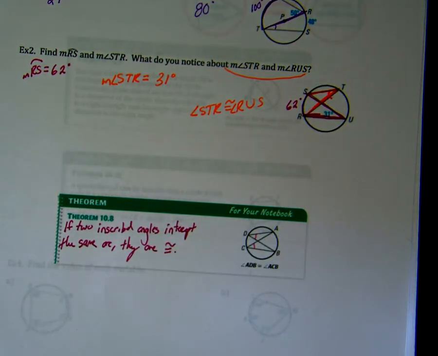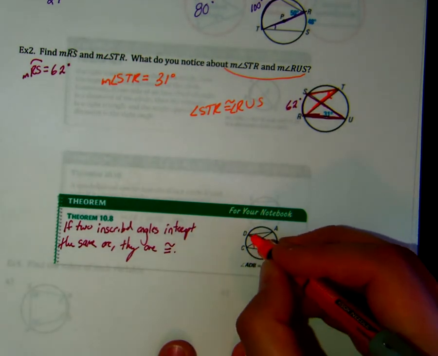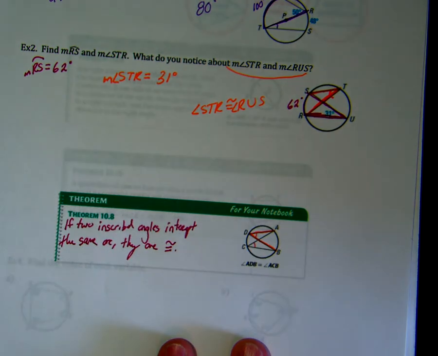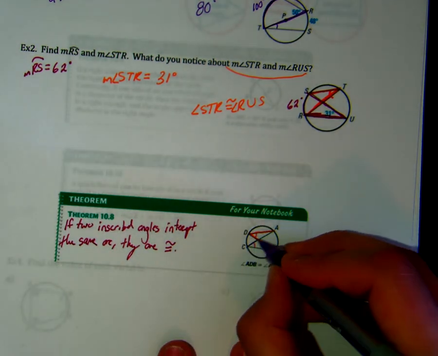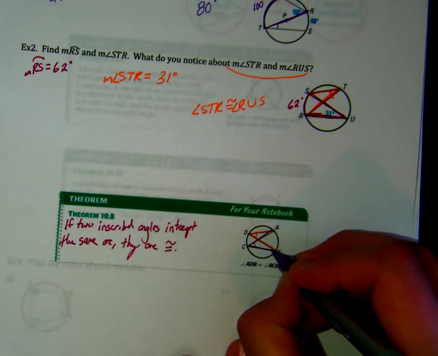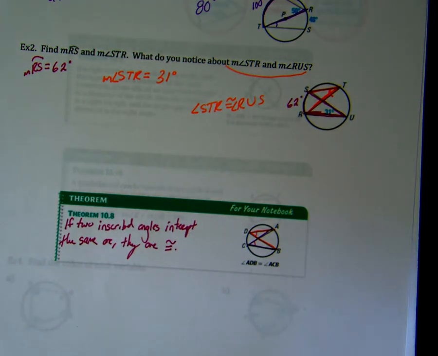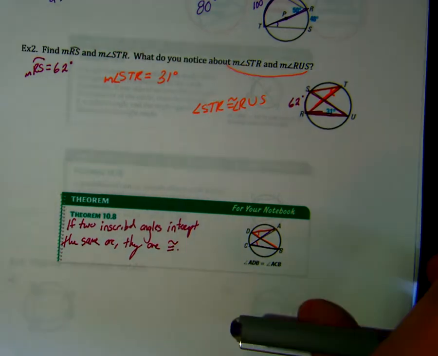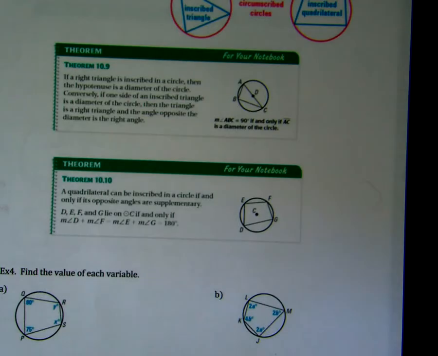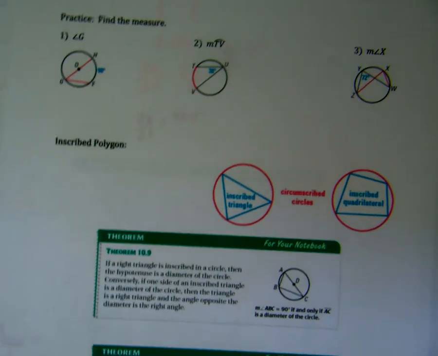Here you have angle D cutting out arc AB, and angle C cutting out arc AB. Therefore, angle C and angle D are going to be congruent. All right. My plan of making these shorter and faster is working so far. Let's see if we can finish this up.